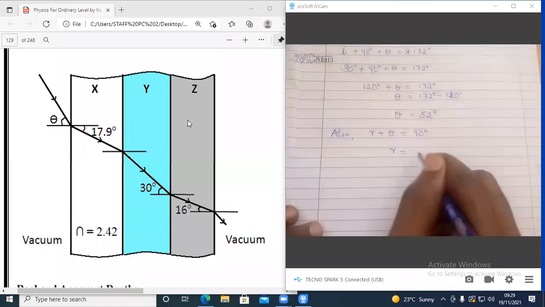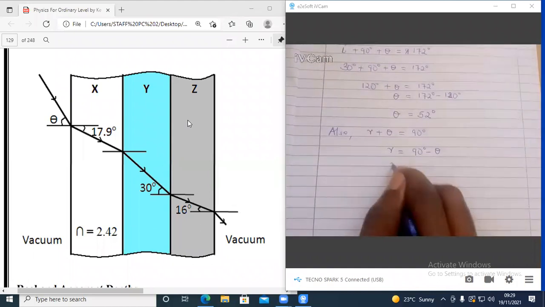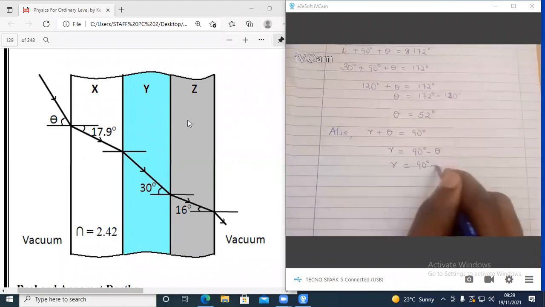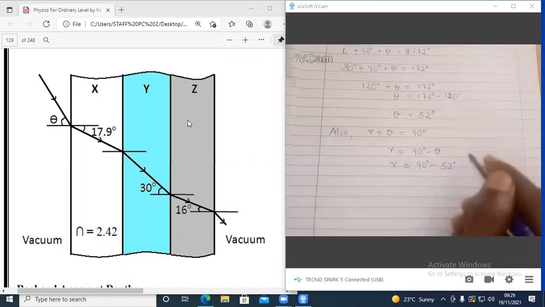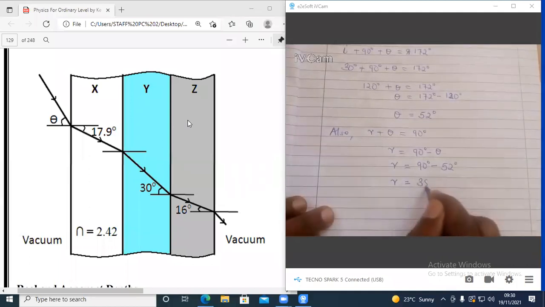Which means R is equal to 90 degrees minus theta. So our R will be equal to 90 degrees minus 52 degrees. So what is our R? 90 minus 52. What do you get? We get 38 degrees. So that's the angle of refraction.